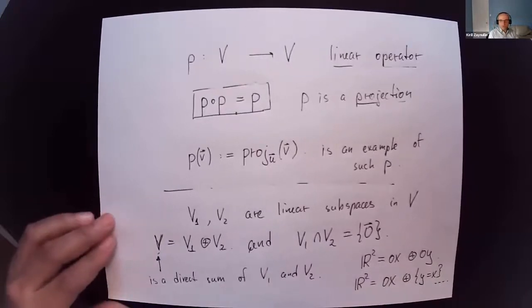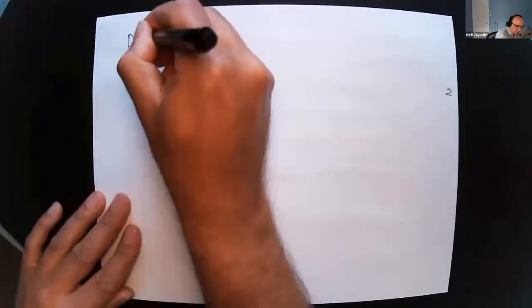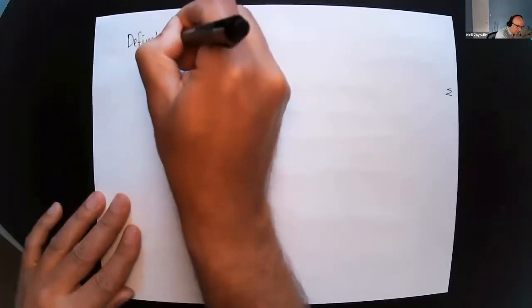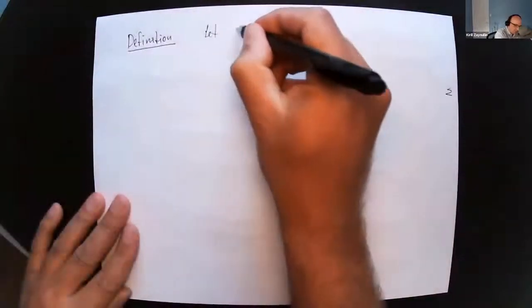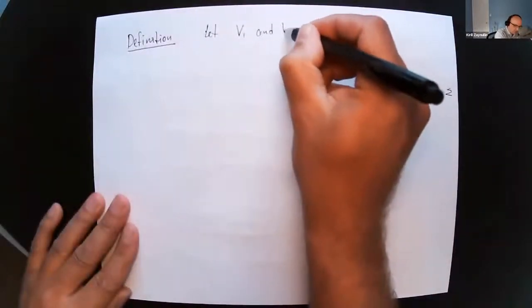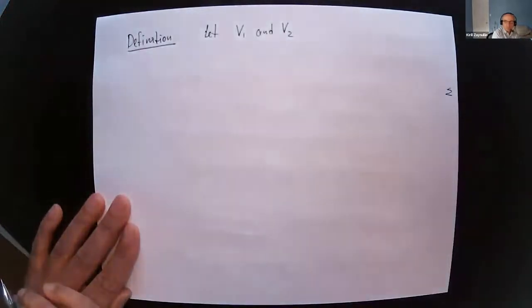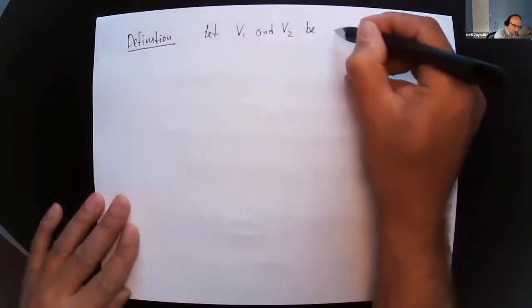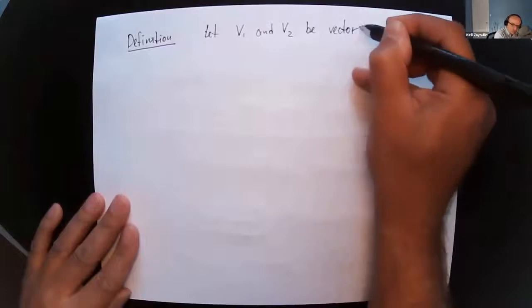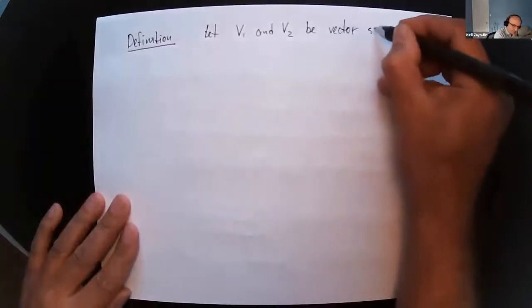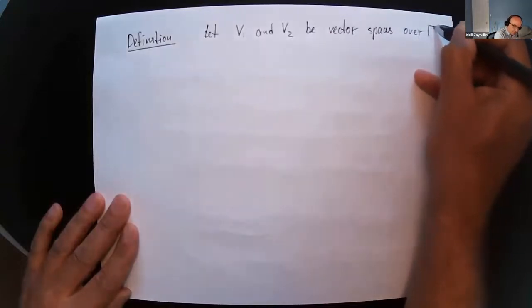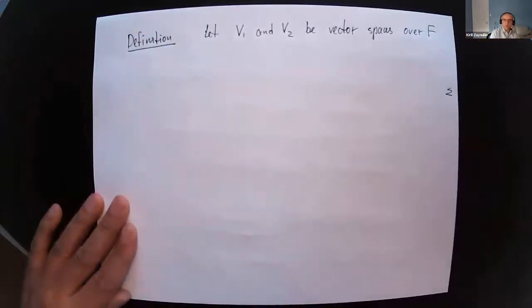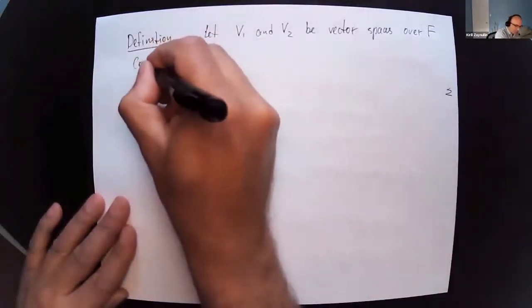Let me now provide another example of a direct sum concept definition. Suppose that V1 and V2 are vector spaces over the field F, or if you wish, with coefficients from the field F. Now consider the following set.